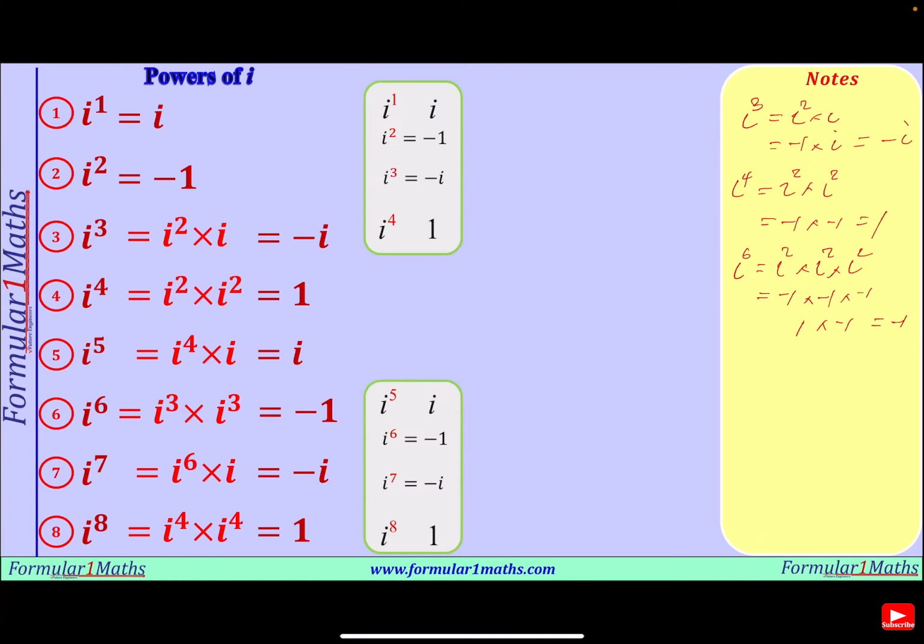There's a pattern here. So i to the power 1 is i, i squared is minus 1, i cubed is minus i, i to the power 4 is 1. So we should put an equal sign here and over there.